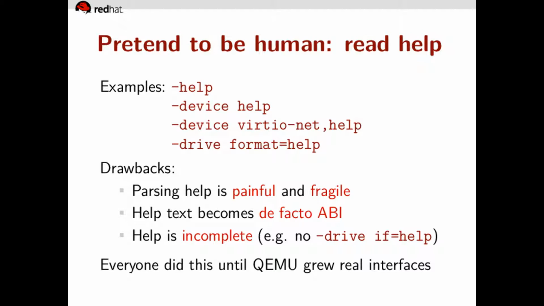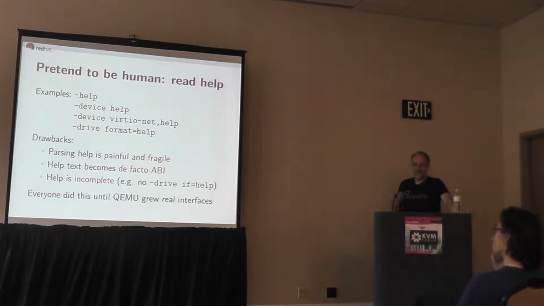Time to get desperate. QEMU already tells us what it can do, sort of, in help texts. Many ways to get help, -device help, and so forth. But this has serious drawbacks. Parsing help is painful and fragile, but more seriously, the help text becomes de facto ABI.